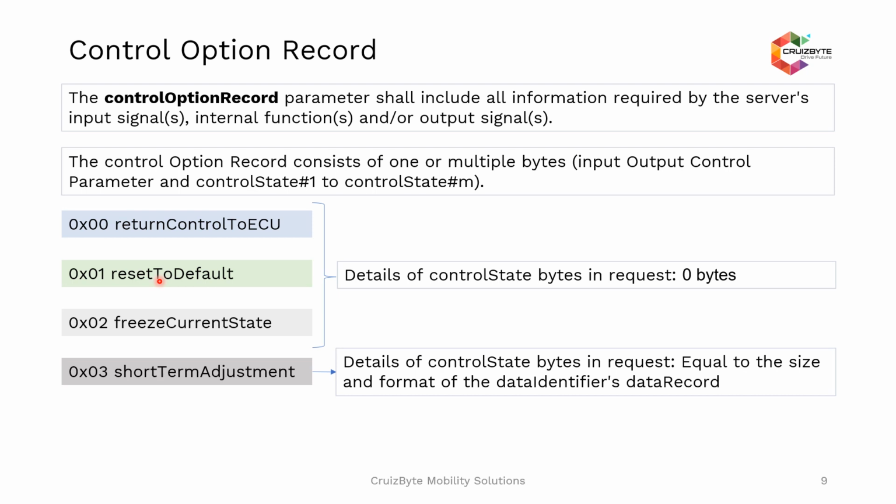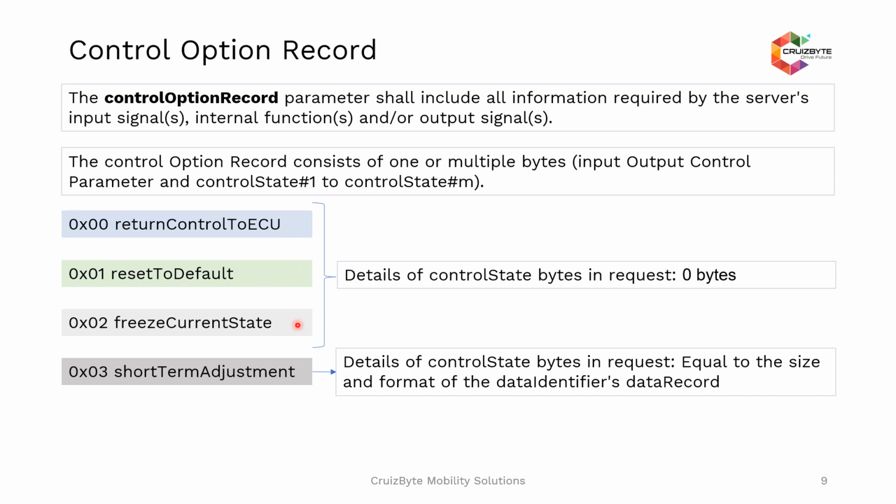That means every signal has a current value and a default value, and through the diagnostic tester, for all of the DID signals, you can make the signals go to their default values. That control is also possible. Even after this, once the control is set, to come out of the reset to default you have to again call return control to ECU with a new request.